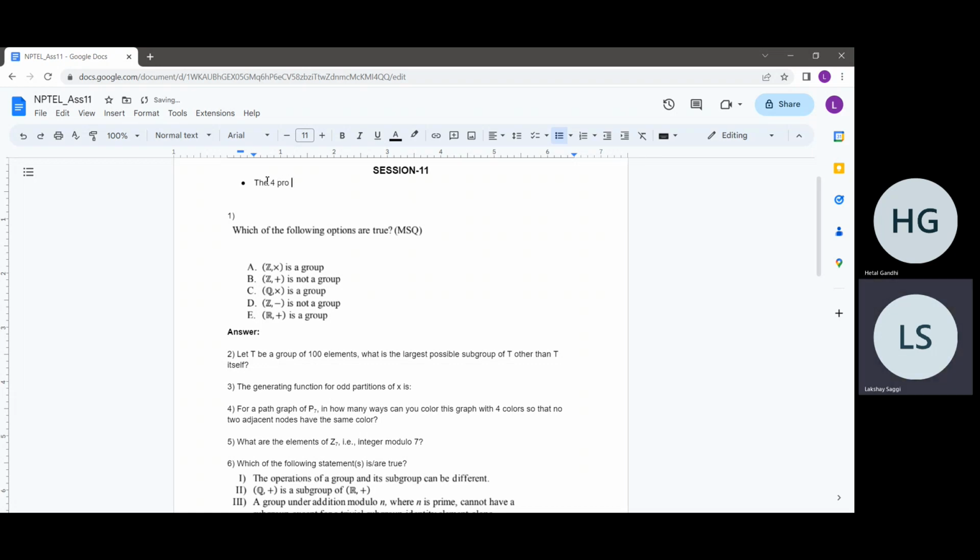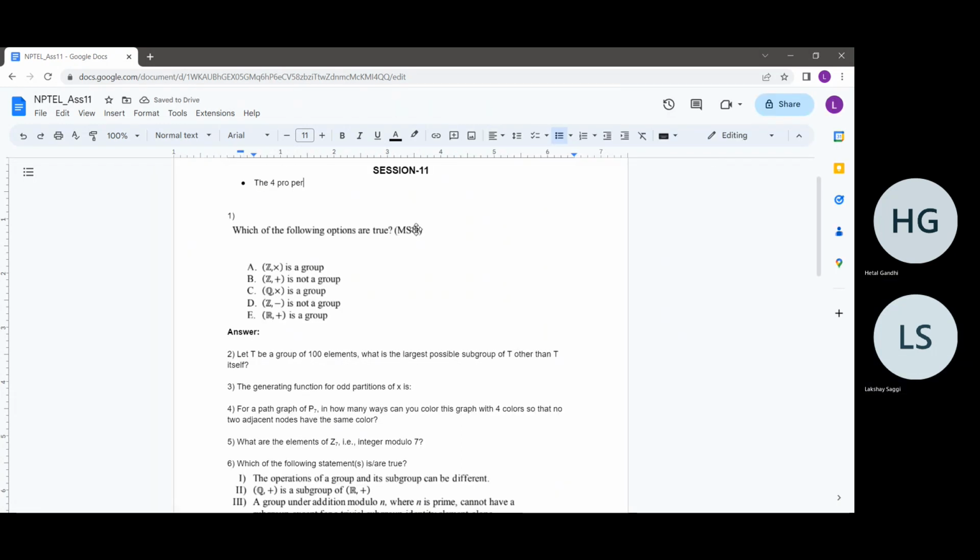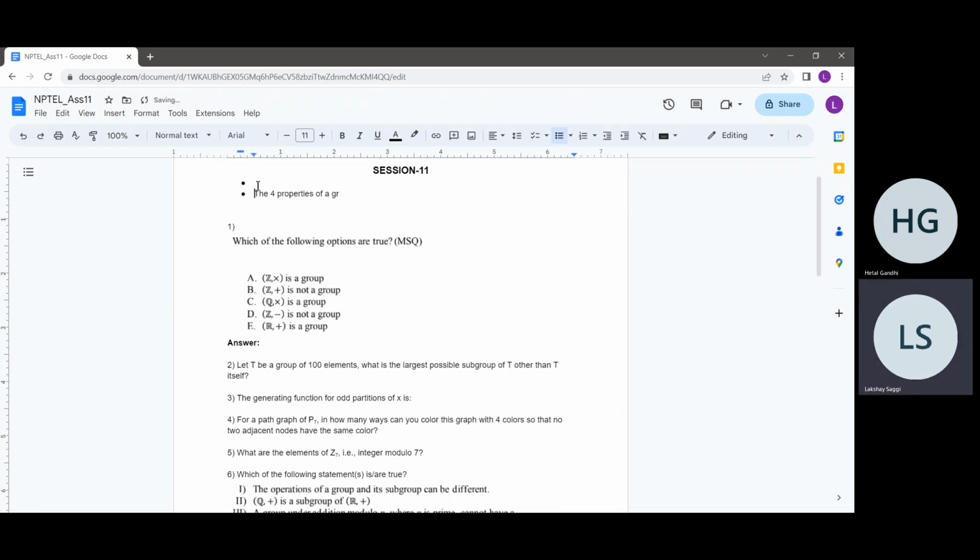The four properties of a group. This has been covered in the lectures. I'm just writing this again to remind you of that basic definition, since we'll be using this definition and these properties in the question.